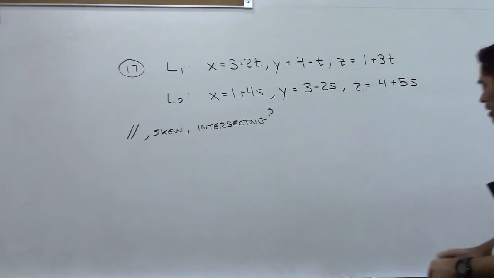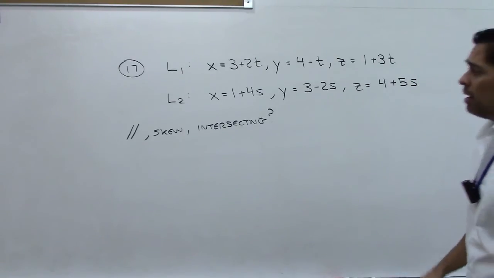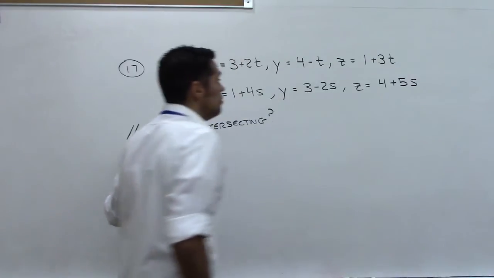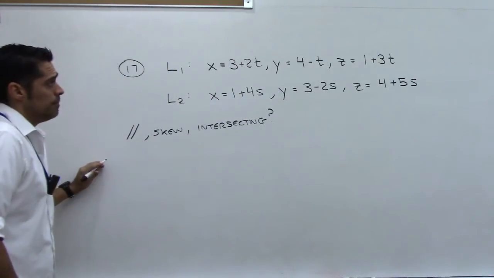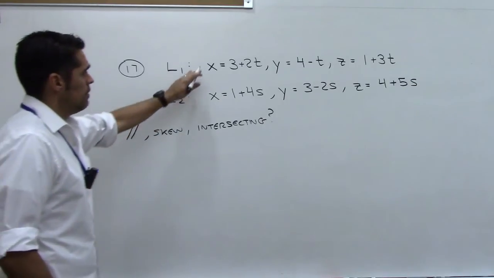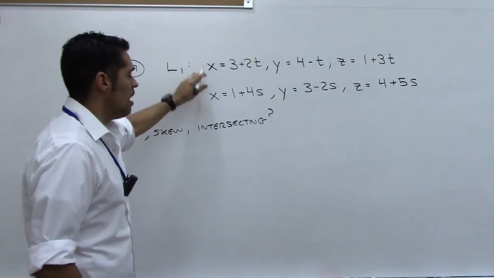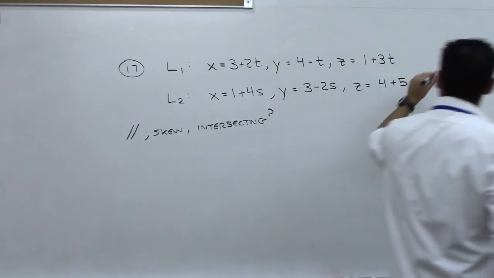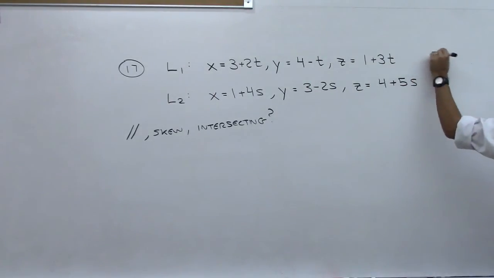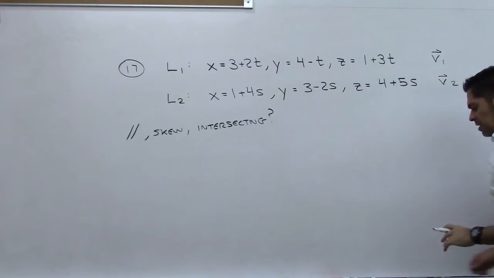All right, so what should we check first? Why don't we check for the parallel? So to be parallel means that these two lines have to point in the same direction. So why don't I try and find the direction vectors for each of these lines? Remember that each of these lines, you can find the direction vector. I'll call it v1, and for this one I can find v2, so which way they're pointing.